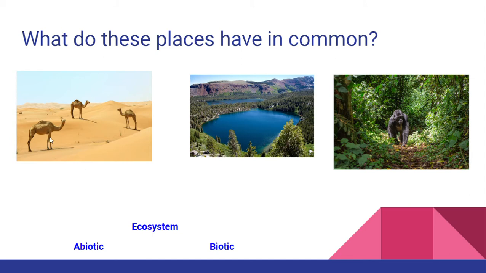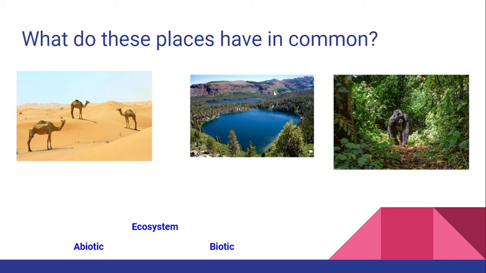The desert has living things, such as the camels and the grass, and non-living things, such as the temperature of the desert or the sand that you see. In the lake, there are obviously lots of living things, like the trees and shrubs, and the animals that we know are probably living around the lake or inside of the lake.